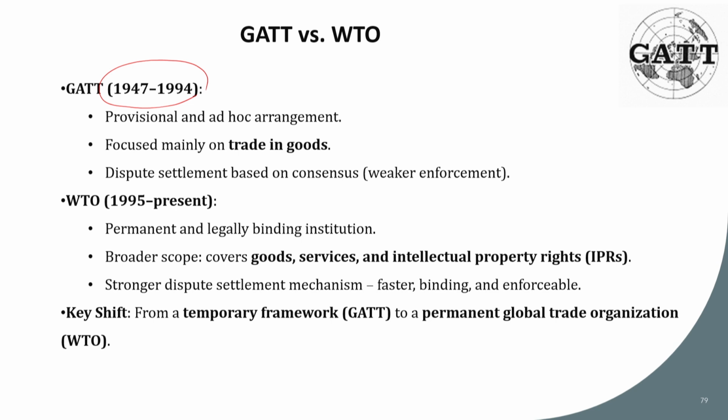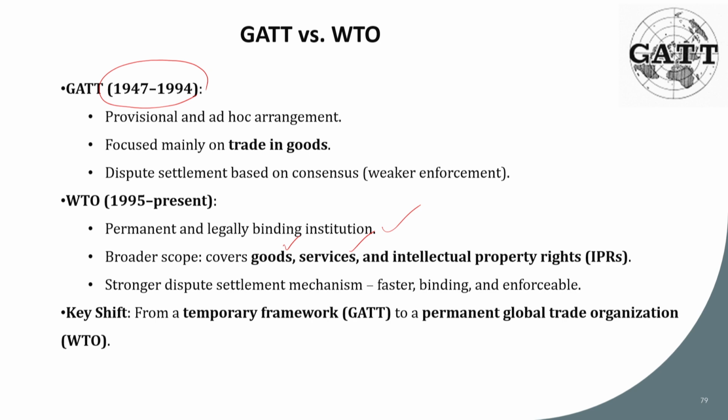But when the WTO was set up in 1995, it became a permanent and legally binding institution. With its broader scope, it covers not only goods but also services and intellectual property rights. The advantage of the WTO over GATT is that it has a stronger dispute settlement mechanism.